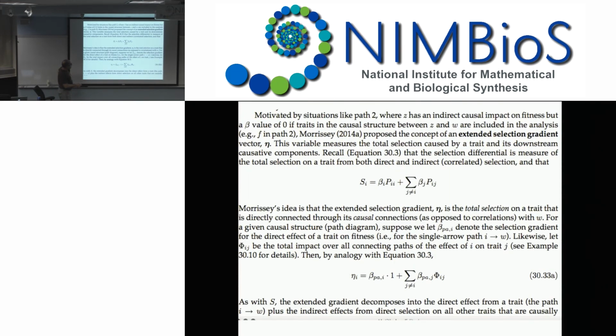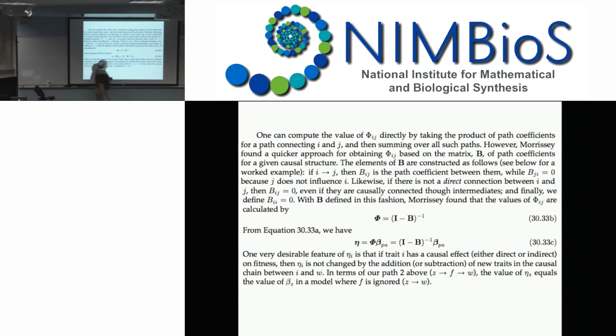He then showed how you can compute this matrix here, phi, and you can get phi by taking the product of all paths connecting I and j and summing over all those paths. But Michael had a quicker way. He said, suppose I have a matrix B of path coefficients, and the matrix is constructed the following way. If I directly influences j, not through an intermediate, but directly, then Bij is the path coefficient between them.